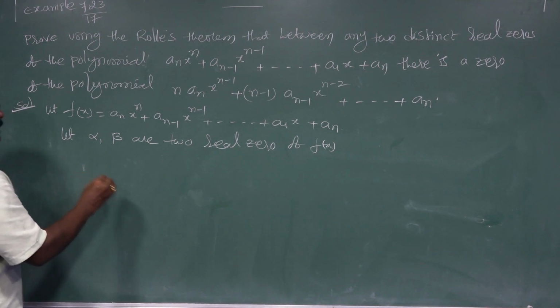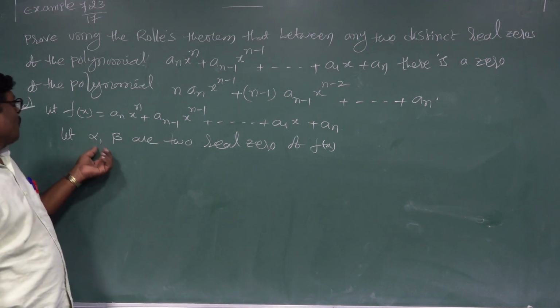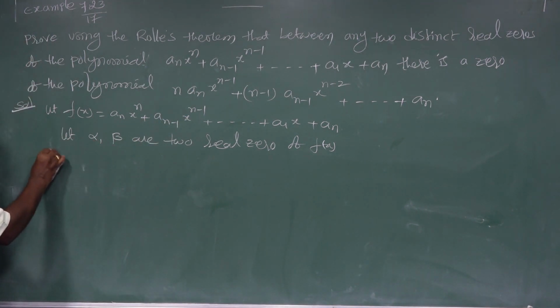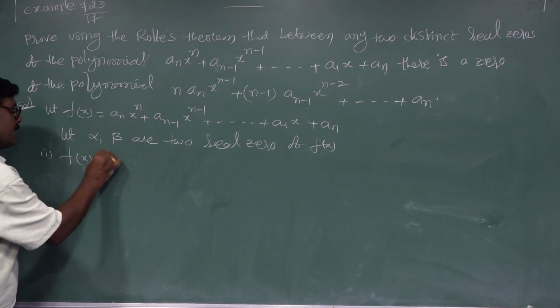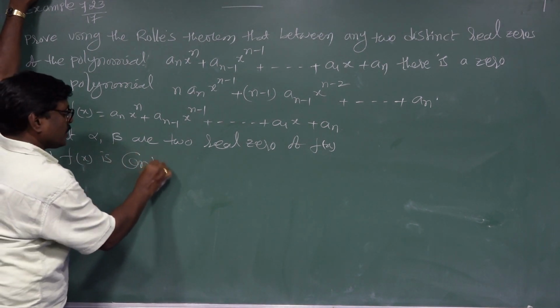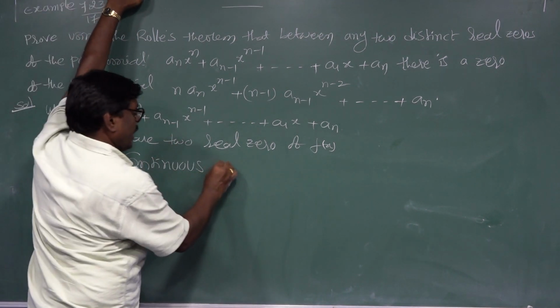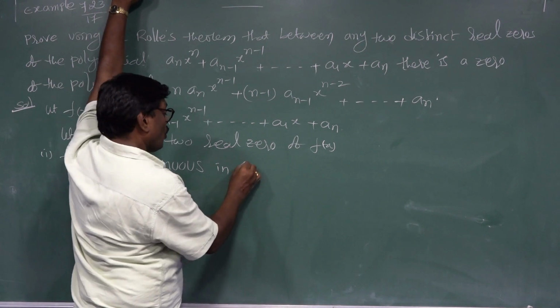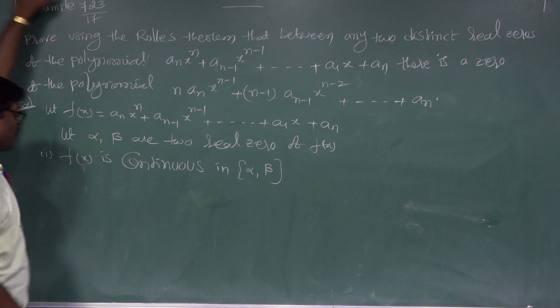Now, with these values alpha and beta: first, f(x) is continuous in the closed interval [alpha, beta].